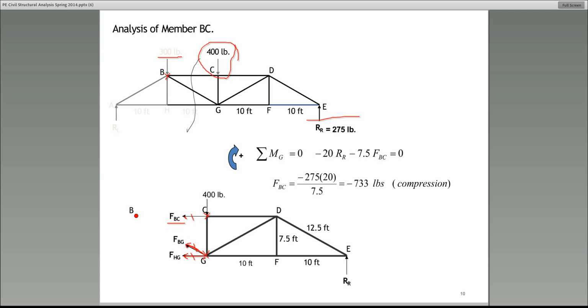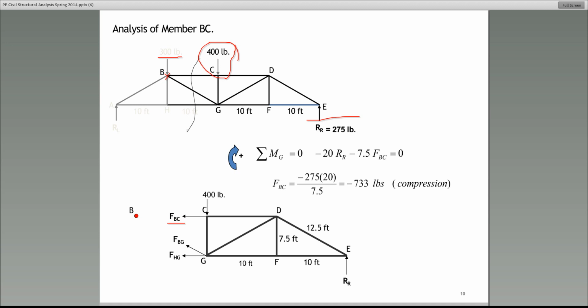Now, there's one other thing here, and that is it says it's in compression. Now, how do we decide whether it's compression or tension? Remember I told you earlier that you also need to learn how to decide whether a member is in tension or in compression.